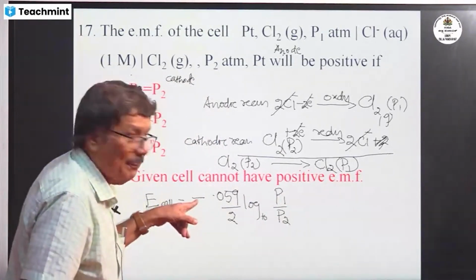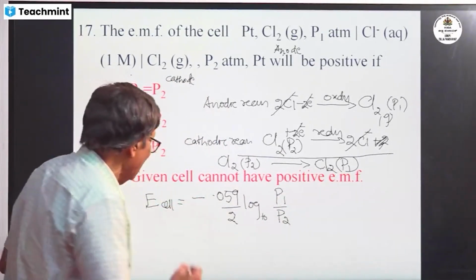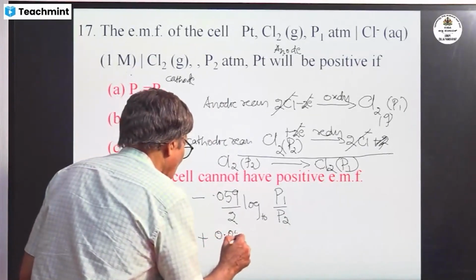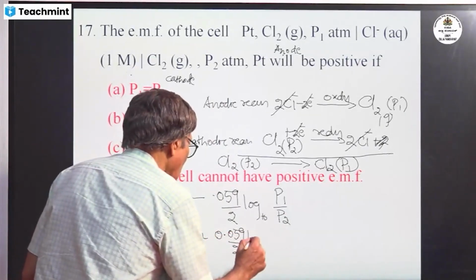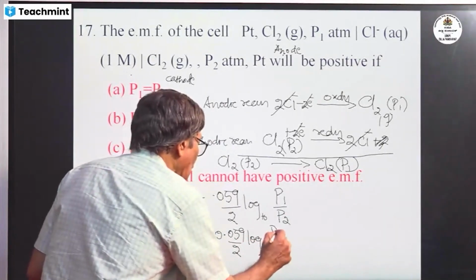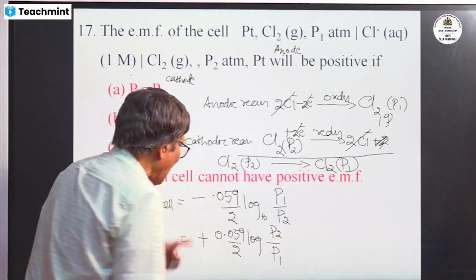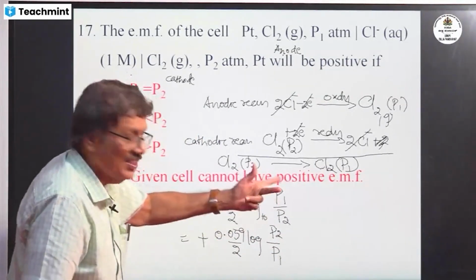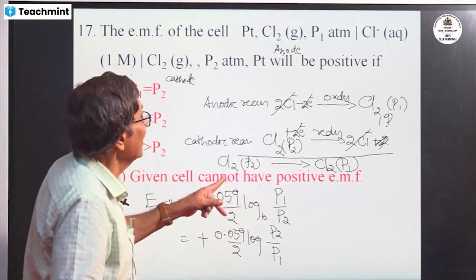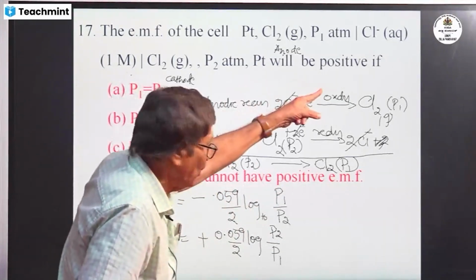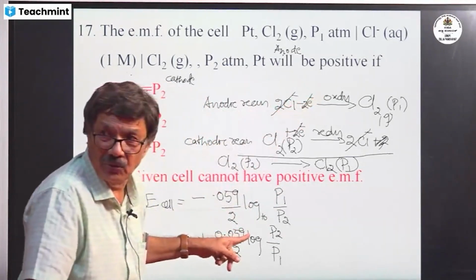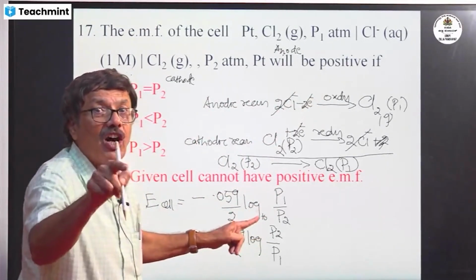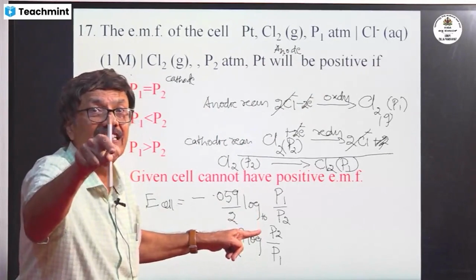If I am not happy with the minus sign, I can equally write it as plus 0.059 by 2 log P2 by P1. Here I substituted the negative sign by plus and interchanged the pressures. What they are asking is, for this to be positive, P1 by P2 should be greater than 1, because log of a number greater than 1 is positive.